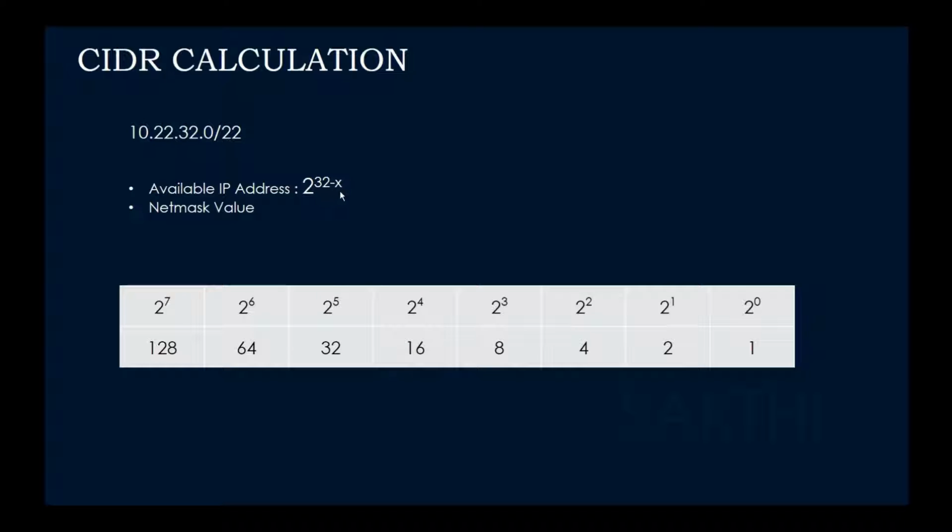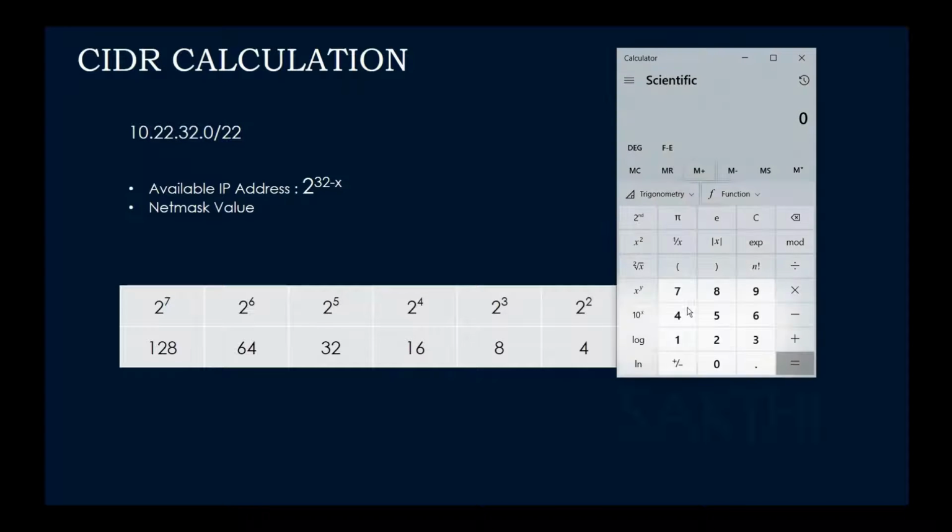If you subtract 32 minus 22, it will be 10. It's 2 power 10, which comes to 1024 addresses. In this, 0 and 255 will not be used. So you will have 1022 IP addresses which are usable.